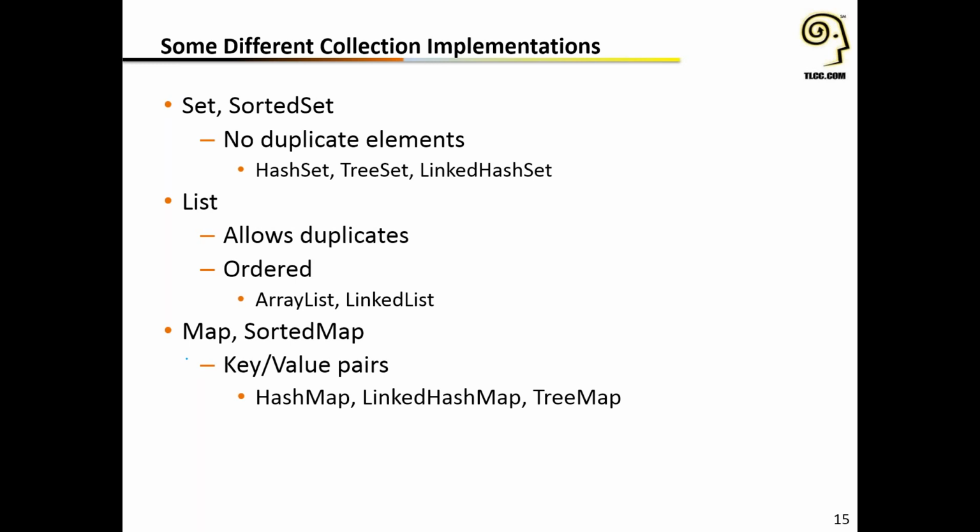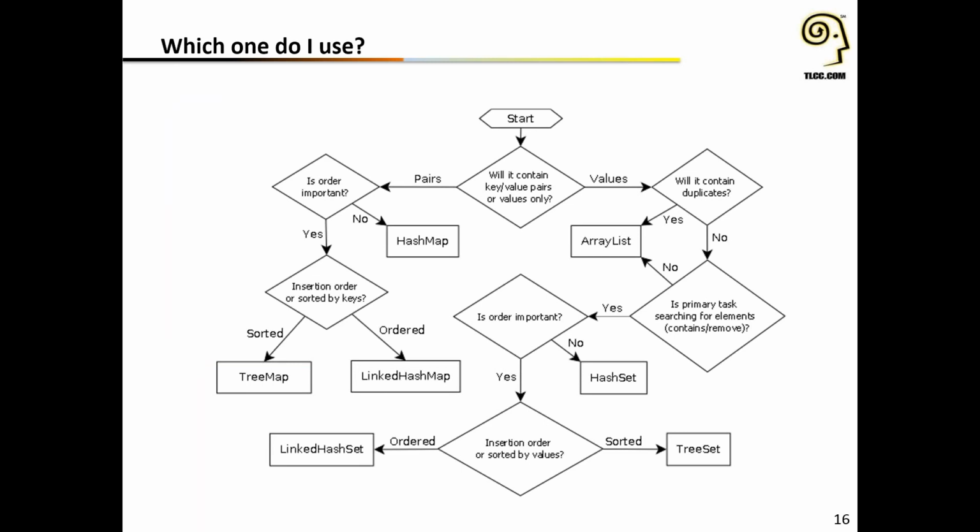Kind of confusing. So right now you're probably saying, well, how do I know which one to use? Well, there's this nice little flowchart I found on the web here. Okay, so I mentioned before a configuration type application where we might want to store configuration information about our application.